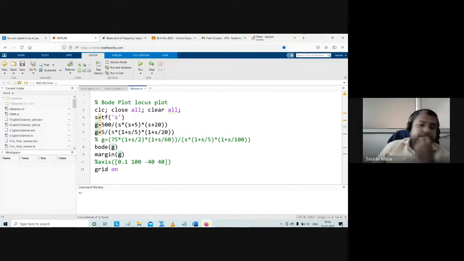Infinity. So from 20 up to infinity, what will be the slope of falling? It is minus 60 dB per decade. So these are the 3 regions of operation that we have to see.